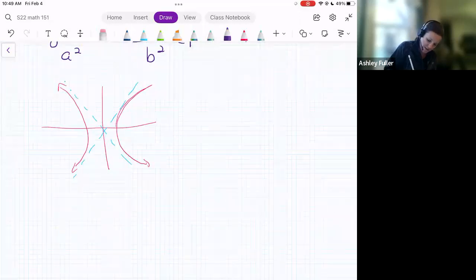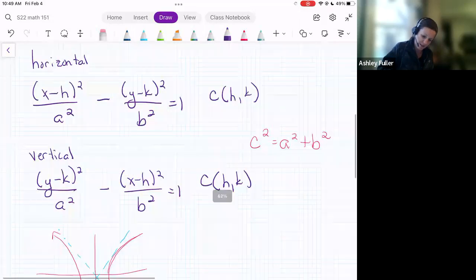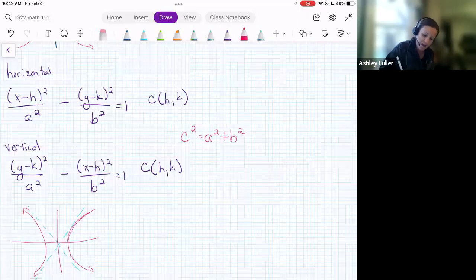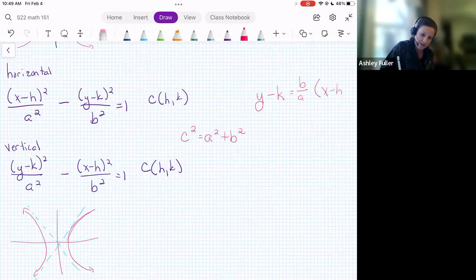If you have a horizontal hyperbola, and I'm going to go back up to our equations here and add these in, the asymptotes for a horizontal hyperbola can be found by y minus k equals b over a times x minus h, and then the negative of that as well, negative b over a times x minus h.